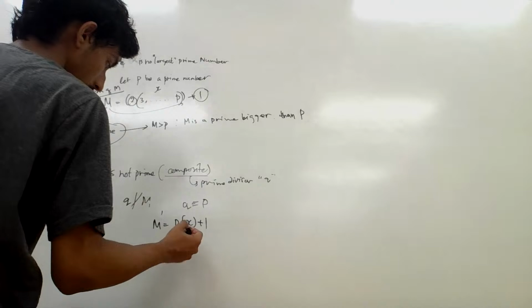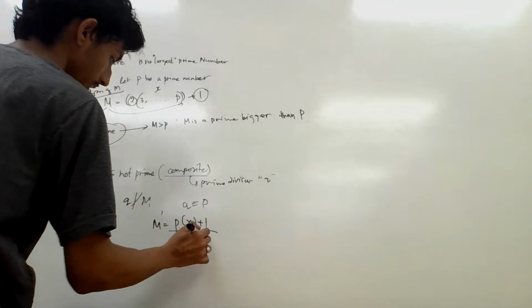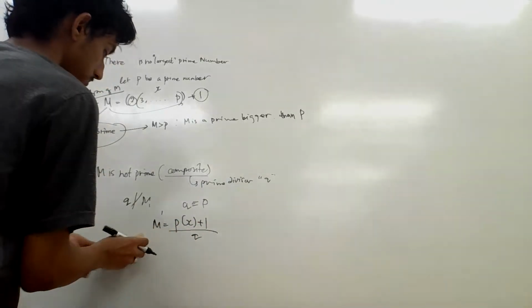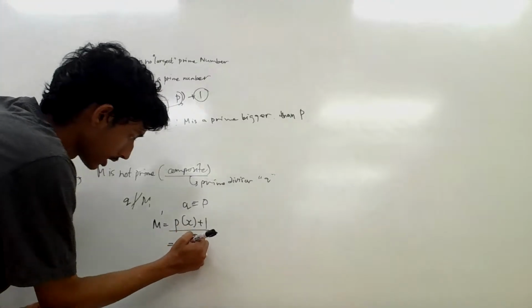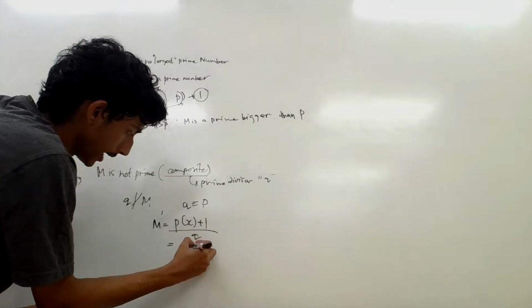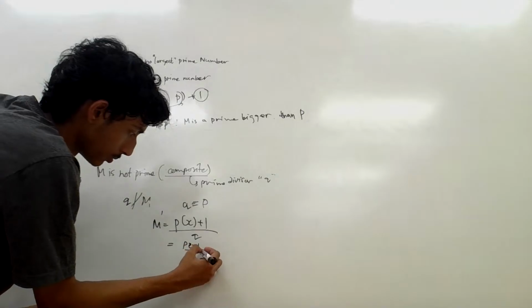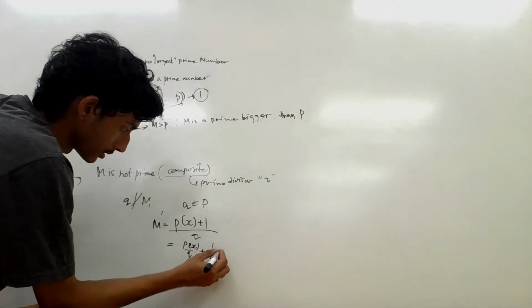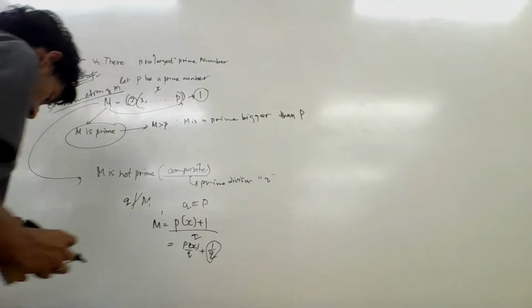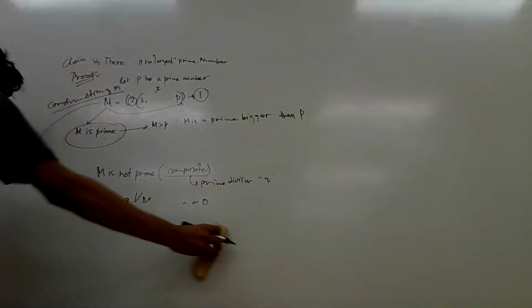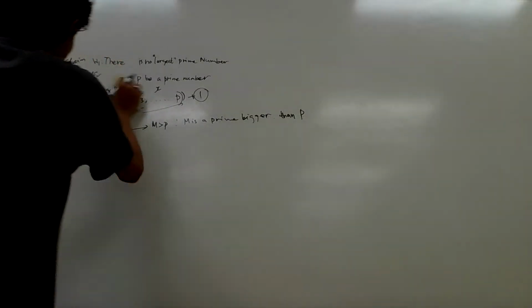This will not divide, because p times x divided by q will give you x, and this 1 will always remain. So this is a part of the fraction. So you can say that these multiples are always staying. So let's start by writing the formal proof.